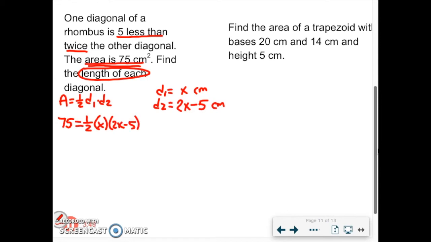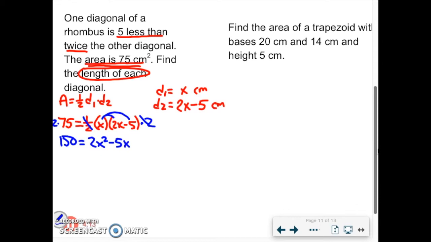For this problem, it might be best just to get rid of that 1/2 by doubling both sides. That would cancel over here, and now I have 150 on this side. Then I have a distributive step. x times 2x will be 2x squared. x times -5 will be -5x.